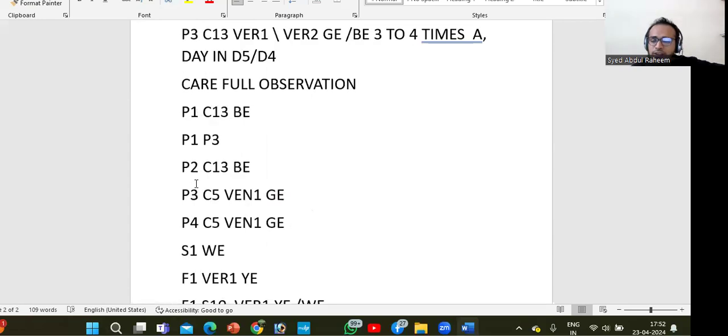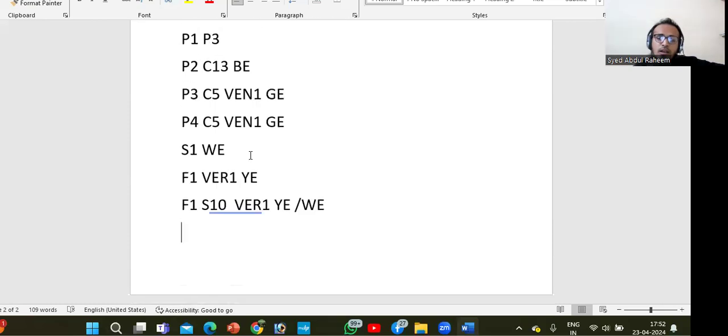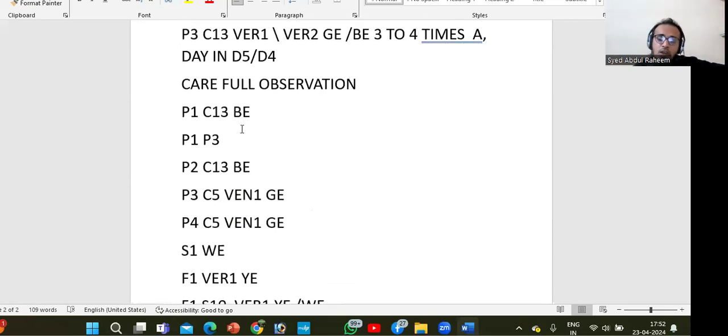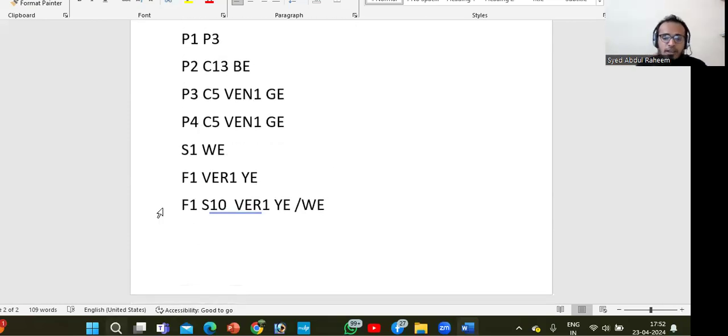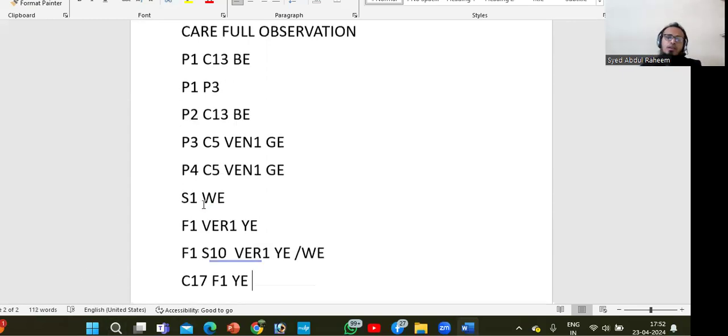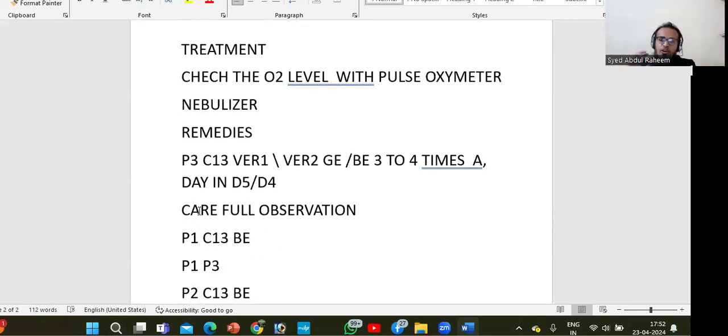All these are in D5 or D4, sometimes D6. Initially, give one medicine in D6 to calm down the effect of the disease. Okay, P1, C13, B, or C17, F1 Y. It is also a great remedy: C17, F1 Y, D5. So these are the remedies according to the condition.